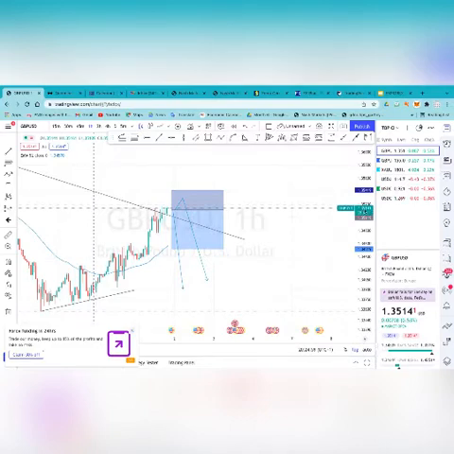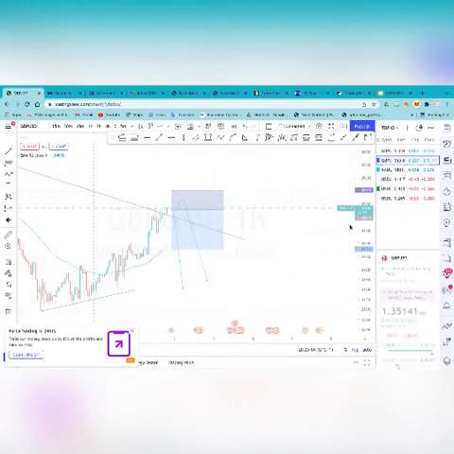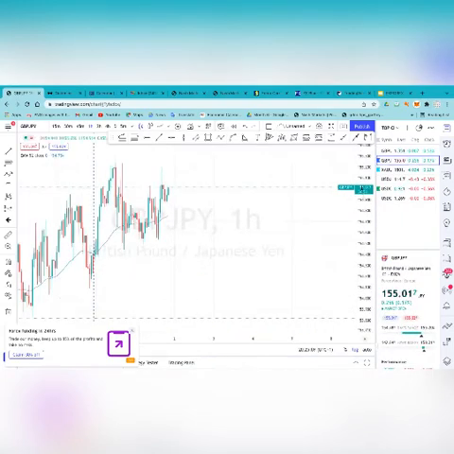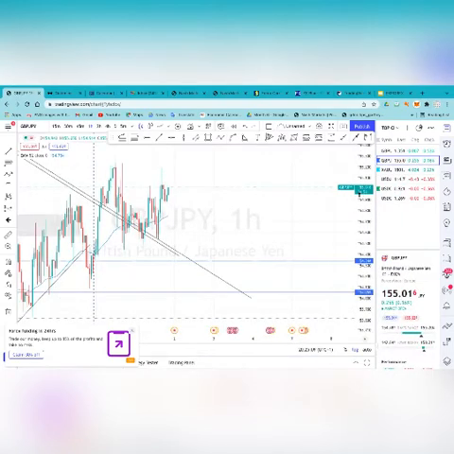It's 1.3514 for the current price. Now let's look at GBP against the yen. You can see it's quite different here. It is 115.01. What did you notice? Is there anything you noticed about this market? If you noticed anything, just let me know.